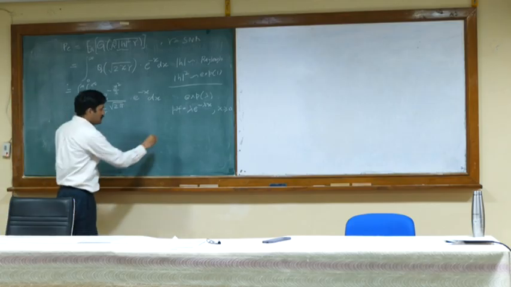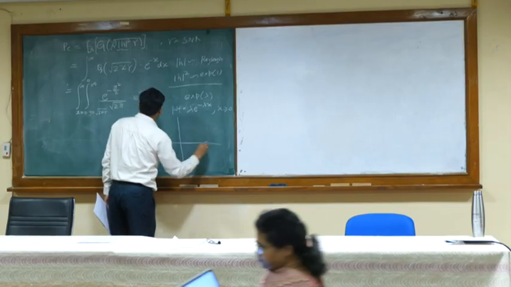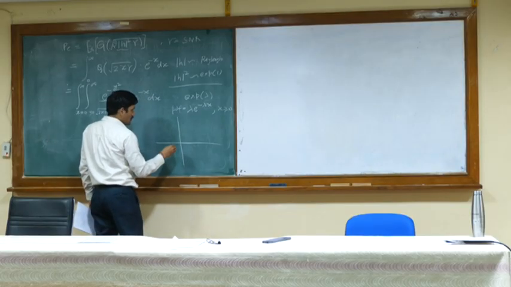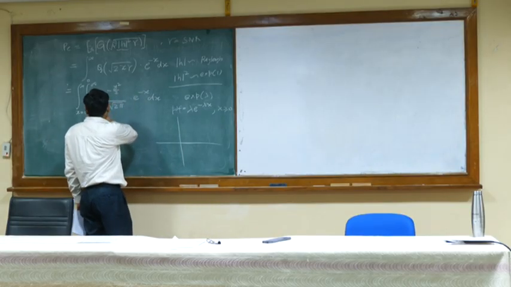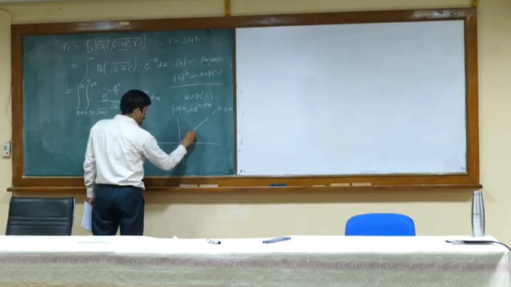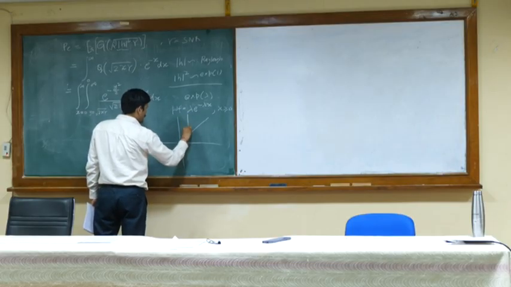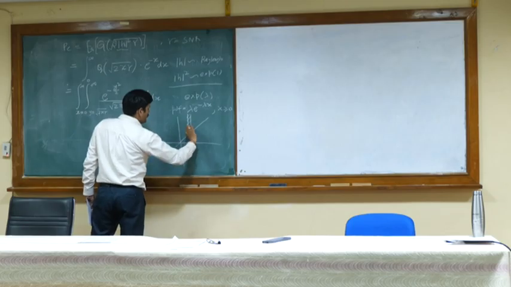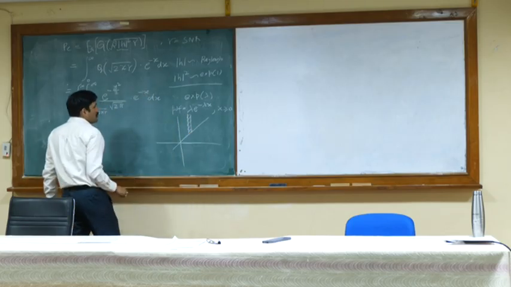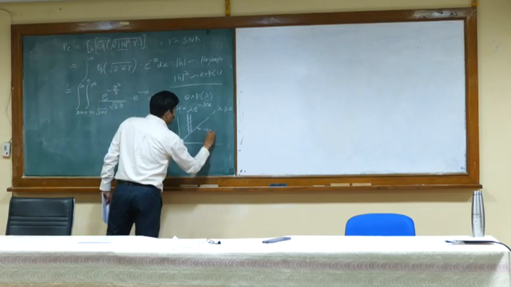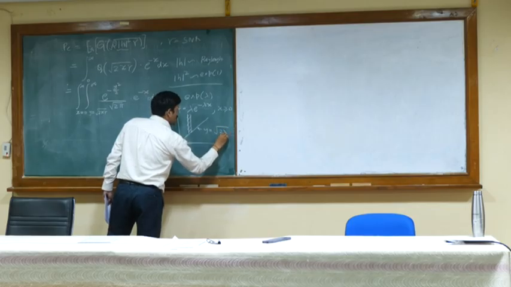Now, x is going from 0 to infinity, okay, and y is going from some line to infinity. So this is like a vertical strip, where x goes from 0 to infinity and y goes from a particular value to infinity. And this line is y equals square root of 2x gamma.